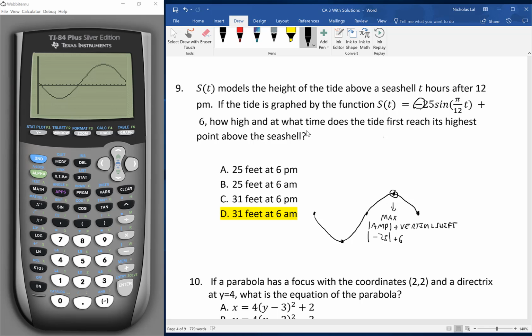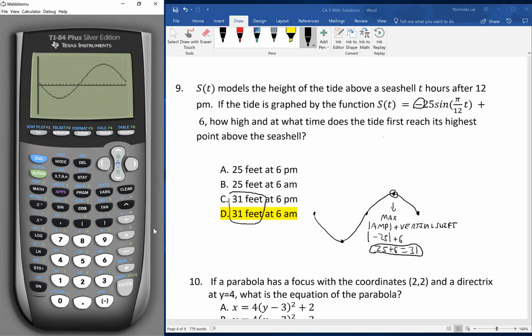So the absolute value of -25 is 25. 25 plus 6 is 31. So, by the way, that's going to be a maximum right here, so we can narrow it down to these two. Now let's find the maximum here.